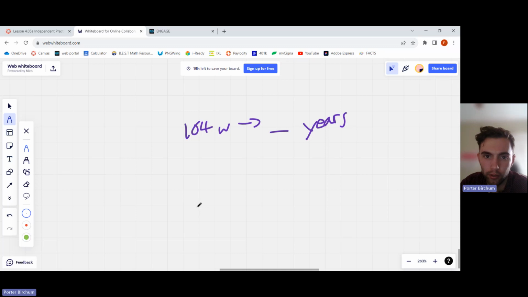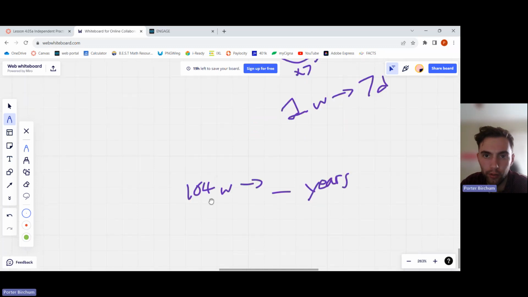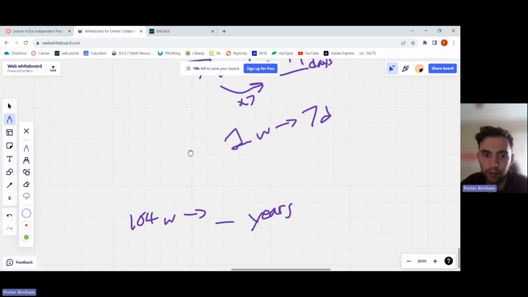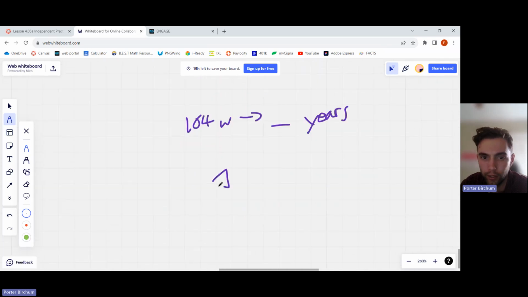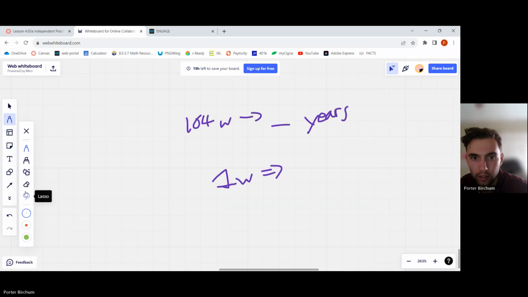I know we can't do a similar strategy as the last problems because I don't really know how much of a year 1 week is. But I do know that there are 52 weeks in 1 year.